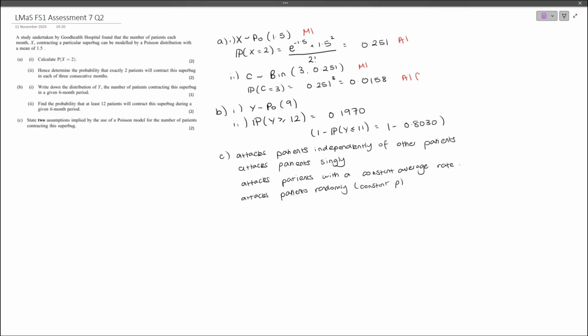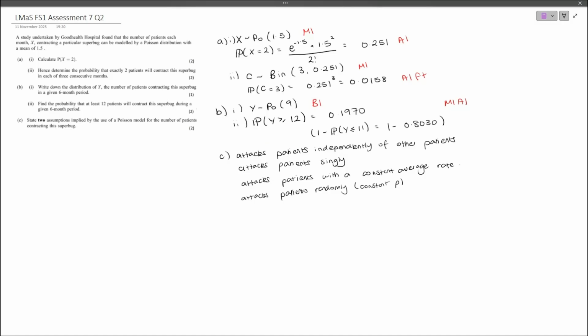And this is a follow-through mark, so if you've got the wrong probability in A part 1, you can still get this mark if you use it correctly. For B part 1, you get an independent accuracy mark for getting the correct distribution, and then a method and accuracy mark for getting the probability correct.